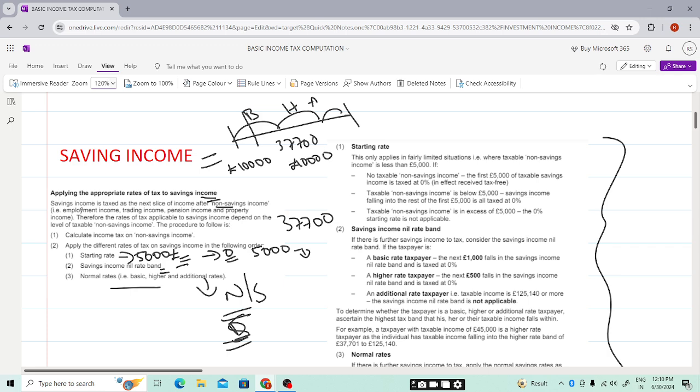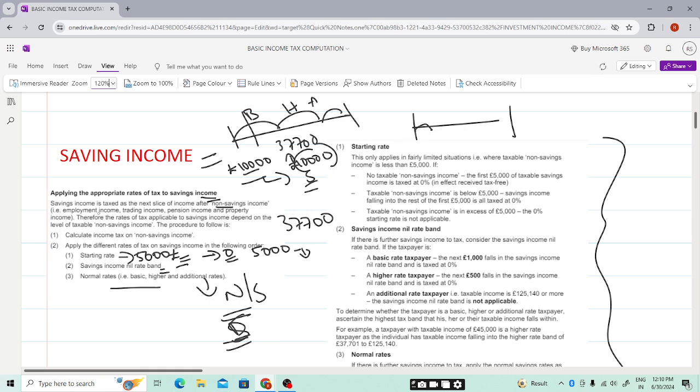So the savings income is taxed as the next slice of income. This also falls under the basic rate limit. You need to calculate the tax like a ruler, meaning a scale. After this income, this amount will be taxed.